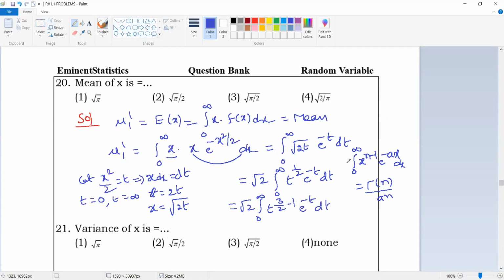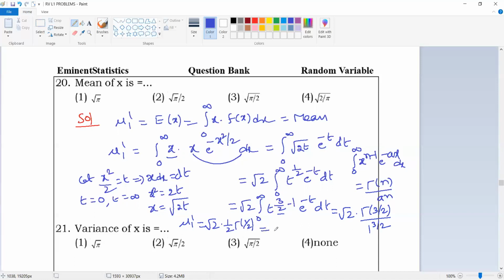In this one, it is the same as gammas. With the help of this formula, n value is 3 by 2 and a value is 1, not minus 1. So here gamma 3 by 2 by 1 power 3 by 2. So mu1 dash is equal to root 2 into gamma 3 by 2, and gamma 3 by 2 is half into gamma half. 1 power any value is 1 here.